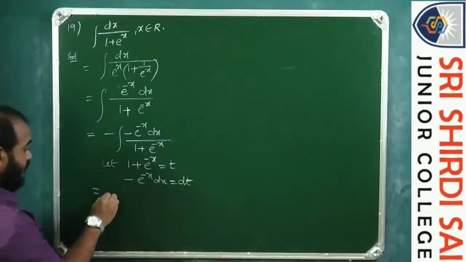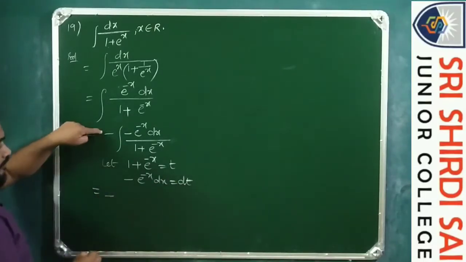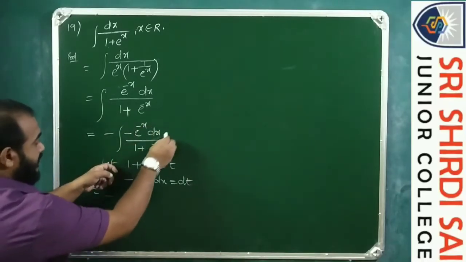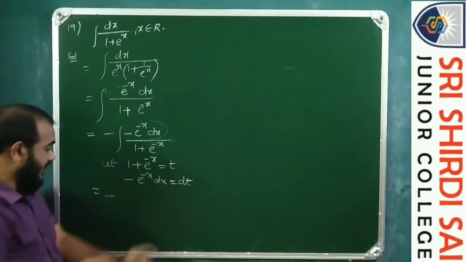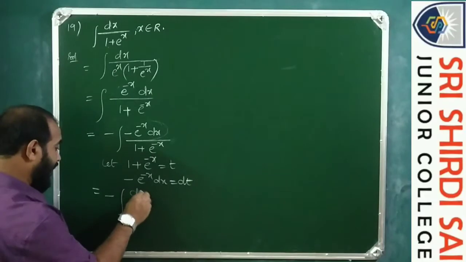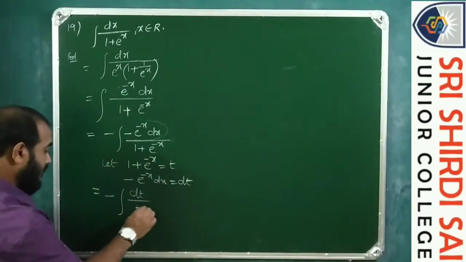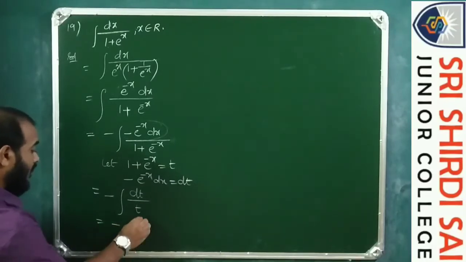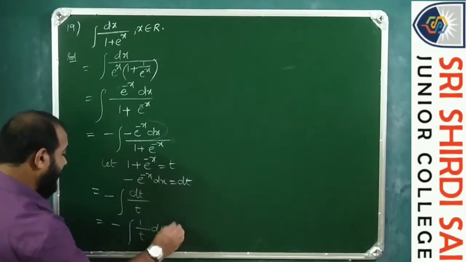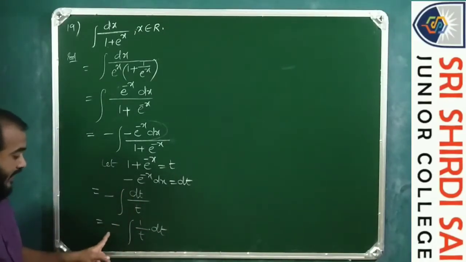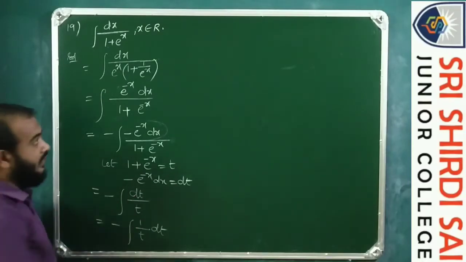So this is equal to, the minus is the same, and minus e power minus x dx is dt. So integral dt by 1 plus e power minus x, which is t. So this is minus integral 1 by t dt.